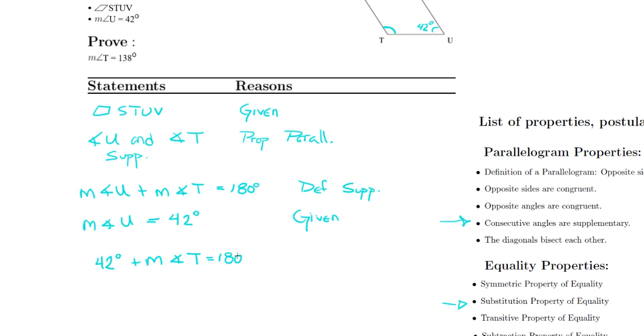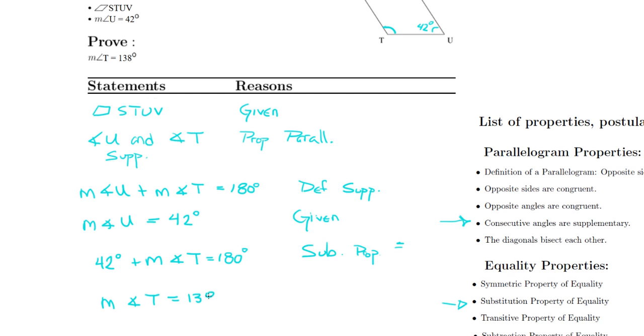Okay, and again, that's by the substitution property of equality. Okay, substitution property of equality allows me to substitute a numerical value for a unit, in this case the measure of U. Okay, and now what do we do? Well, you guessed it, we subtract 42 on both sides, and that gives me the measure of T equal to 138.